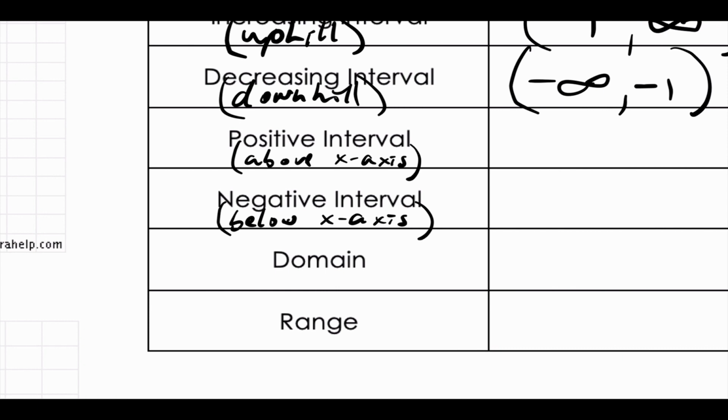So I kind of think of the x-axis as like water, right? When you're out of water, you're above the x-axis. When you dive in, then you go below the x-axis. And then you come back up, right? We got to come back up. All right?